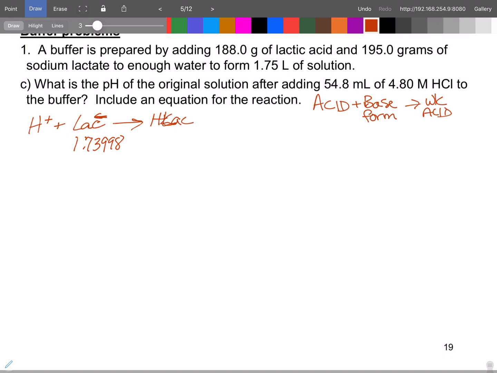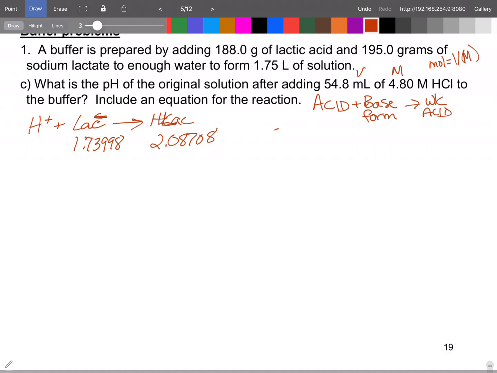The H-lac we had 2.08708. Now, the only thing we're missing is the H plus. Okay? So, remember, this is volume and this is molarity. So, moles is going to be equal to the volume times the molarity.